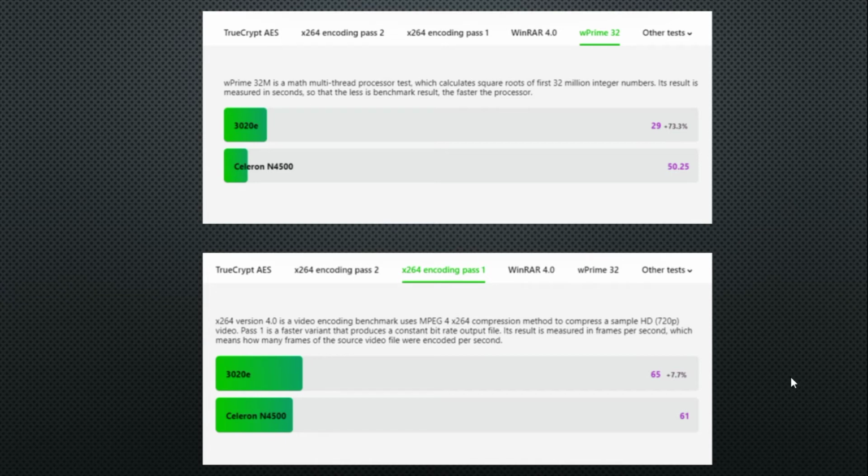For the next test, x264 encoding pass 1, x264 version 0.40 is a video encoding benchmark that uses the MPEG-4 x264 compression method to compress a sample HD 720 video. Pass 1 is a faster variant that produces a constant bitrate output file. Its result is measured in frames per second, which means how many frames of the source video are encoded per second. In this test, the 3020E has the upper hand.